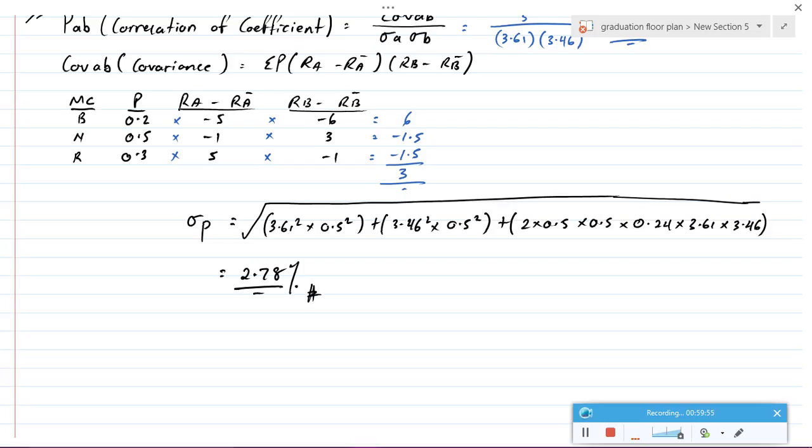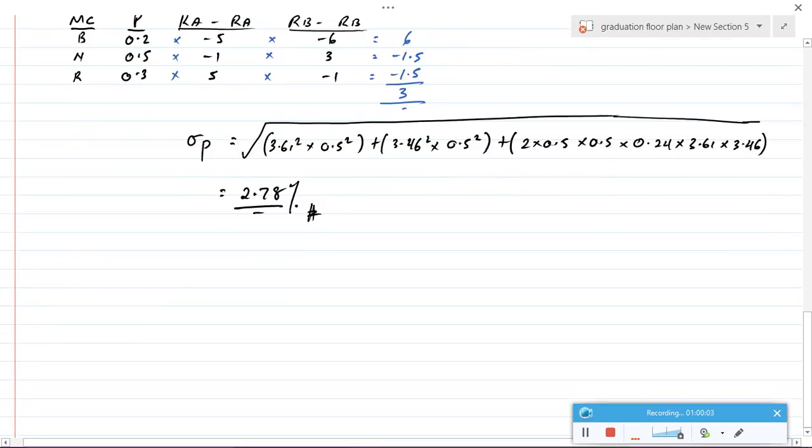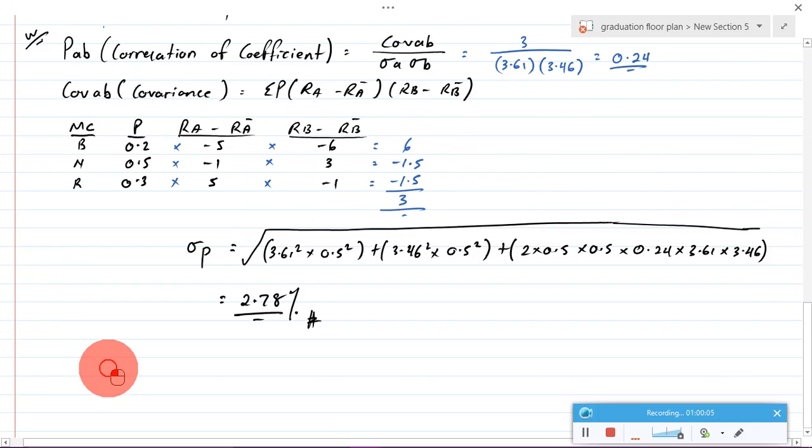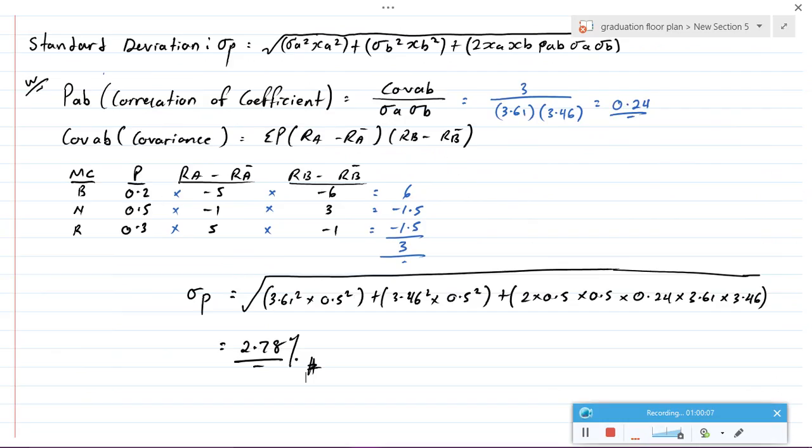So I think here is 13.5%, right? So see, 3.53, 54. Yeah, 3.5, right? Okay, 3.54.